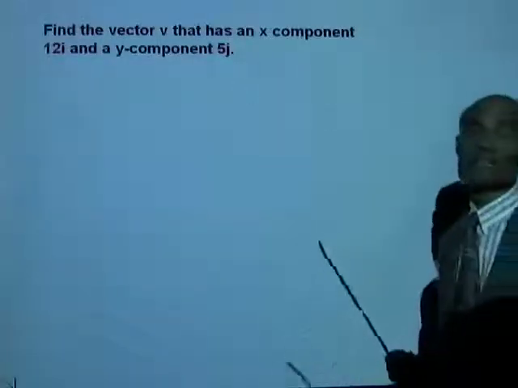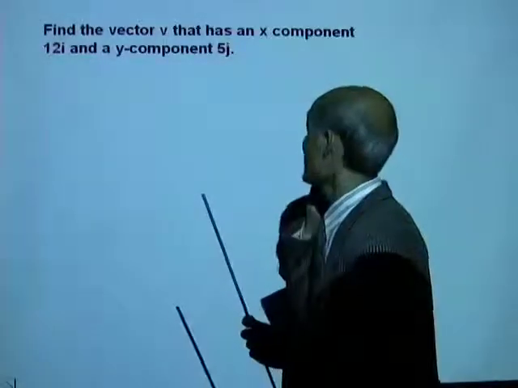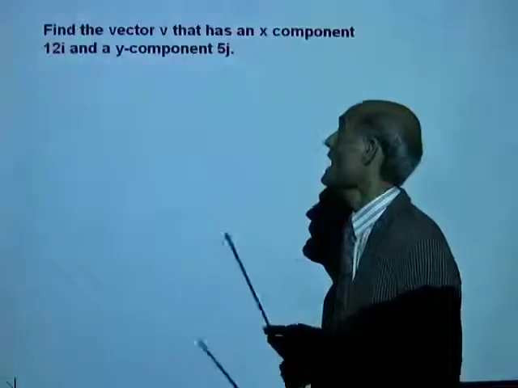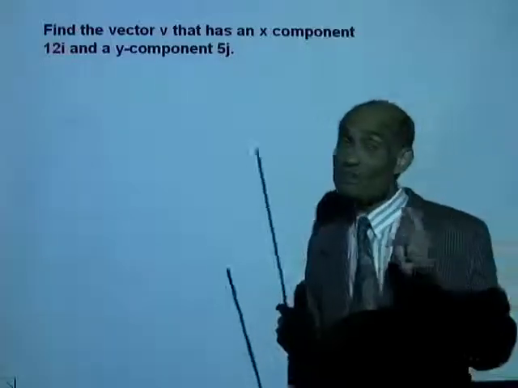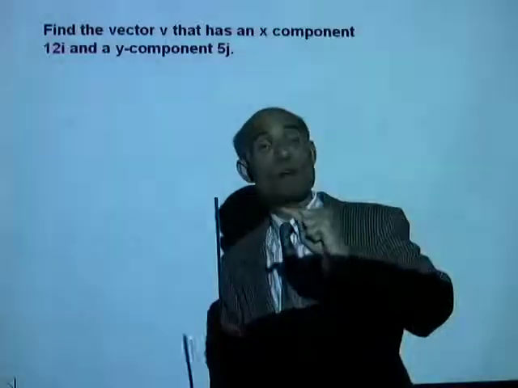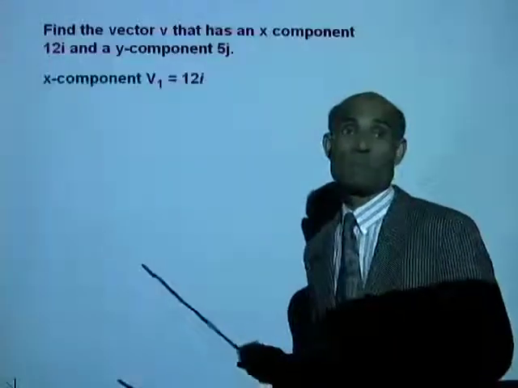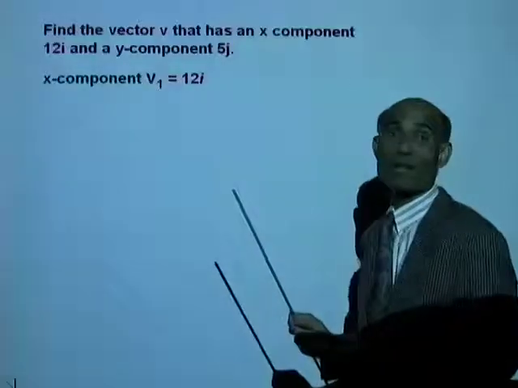Okay, let's do another problem. Find the vector v that has an x component 12i and a y component 5j. Well, this time I have given you the components. You need to find the vector. The x component v1 equals 12i.